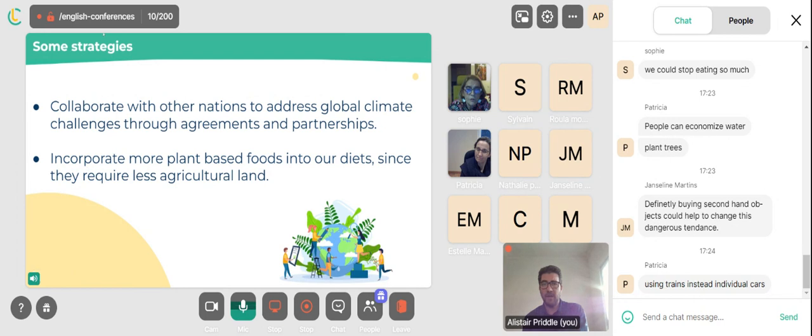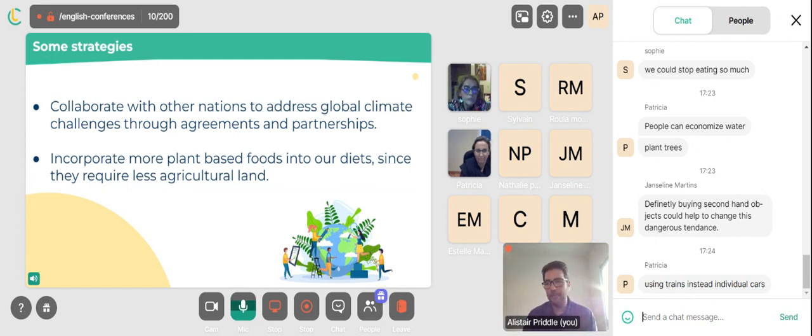Let's have a look at a couple more. We could collaborate with other nations to address global climate changes through agreements and partnerships. Okay, so that's quite a high level thing that we could do.